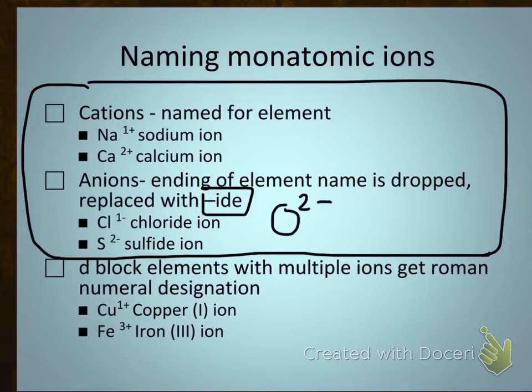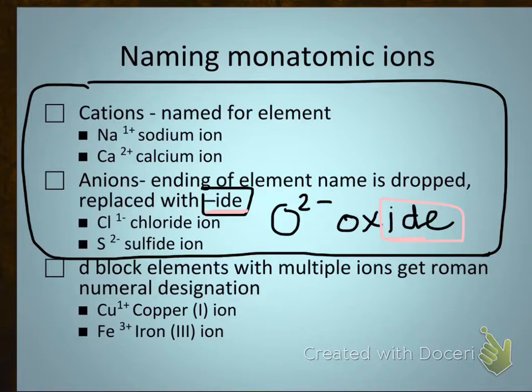Oxygen, 2-, is the oxide ion. It seems like a minor little thing, but pay careful attention to that IDE. It's going to become very, very important when you get a little further down the road into the polyatomic ions. So somehow make a special note to yourself that the IDE only relates to monatomic ions. You'll need to remember that.